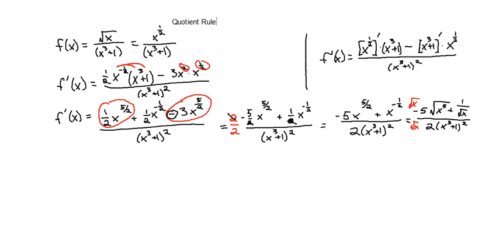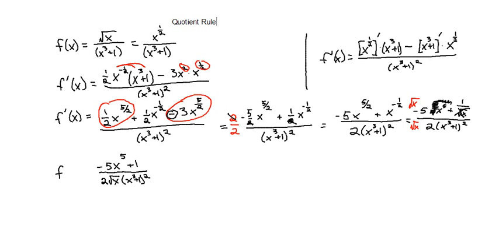So this is going to cancel out right here, and this on the bottom is going to cancel out completely. So what we'll be left with is negative 5 x to the 5th plus 1 over our denominator, which is now going to have a square root, so it will be 2 square roots of x times x to the third plus 1 squared.